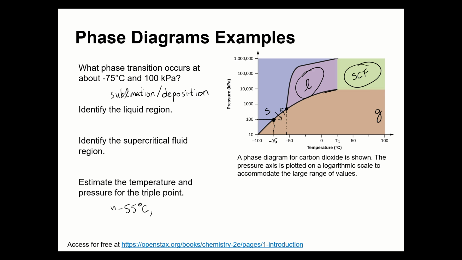And the pressure here looks like it's somewhere in between 100 and 1,000. Notice how this is on a logarithmic scale. So let's say that it's about 500 kilopascals. Okay, so that ends our topic on phase diagrams.